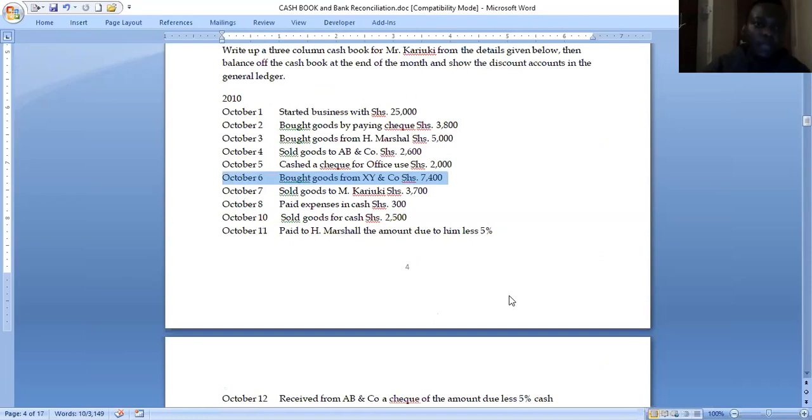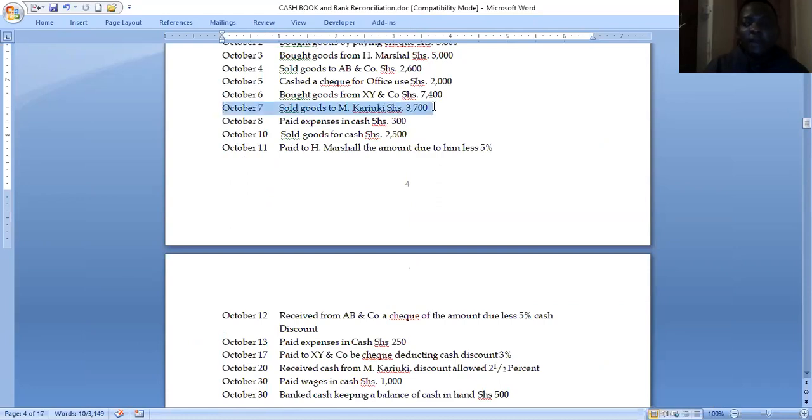And then October 7th, sold goods to M Karaoke, 3,700. So in this case, the two accounts are sales and M Karaoke. These transactions, just like the other ones that we've seen on purchases and sales, do not specify whether cash or bank was paid or received.